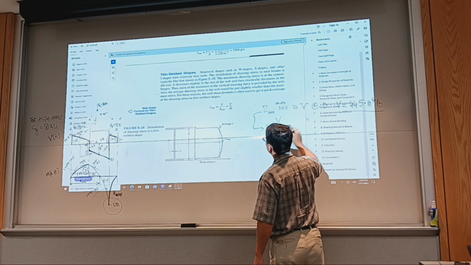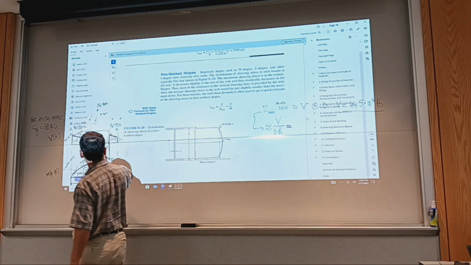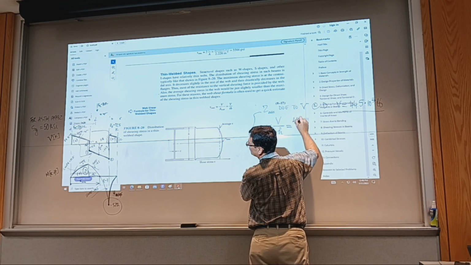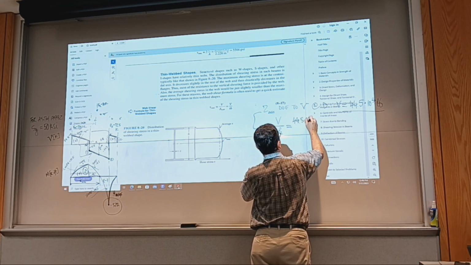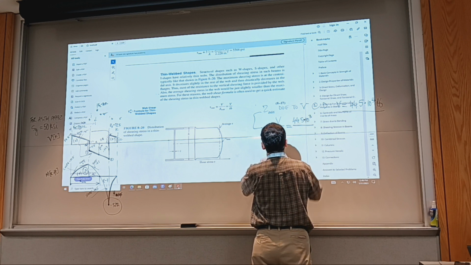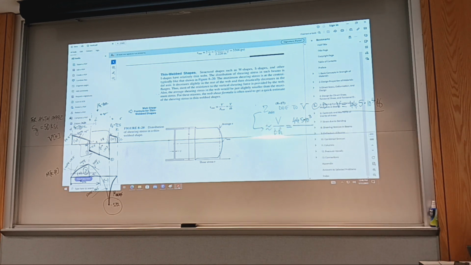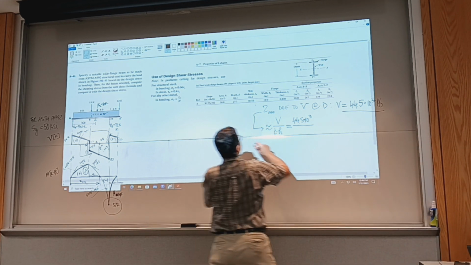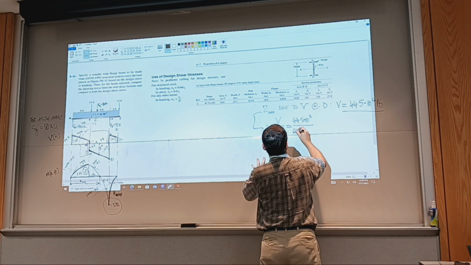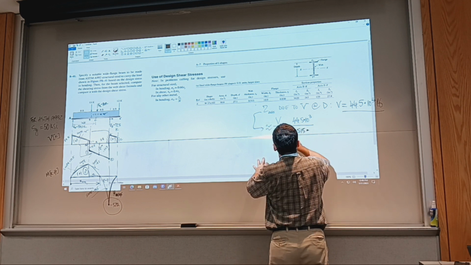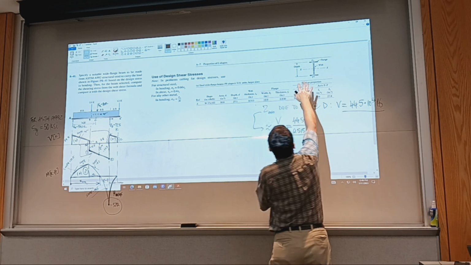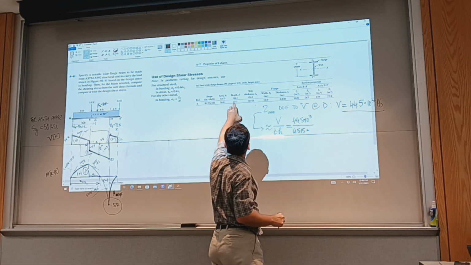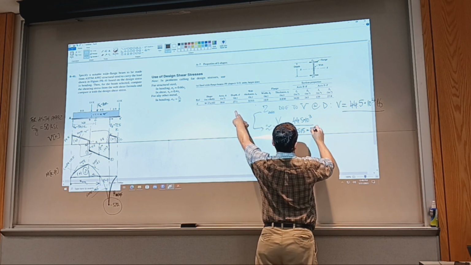So we have V, which was 44.5 times 10 to the power 3. And then below, I can go to Paint and get the thickness. It says web thickness 0.515. And H was the depth, so depth is 27.1.